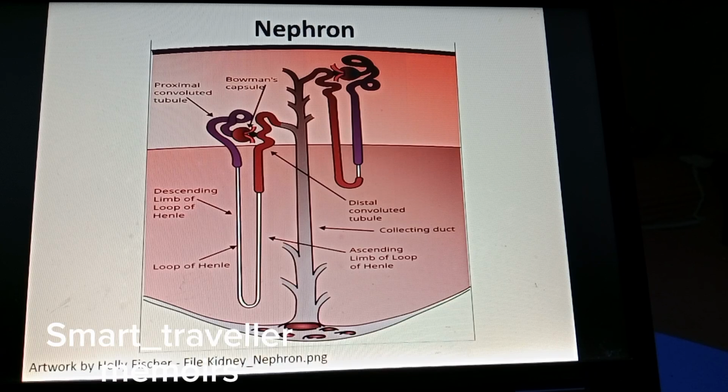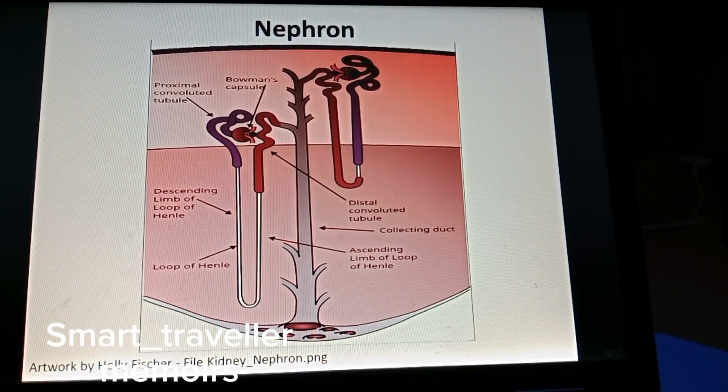So the nephron, again, here we have just labeled the parts. Proximal convoluted tubule, Bowman's capsule, descending loop of Henle, ascending loop of Henle, loop of Henle, which looks like the pin of the hair of a reindeer, and collecting duct, and distal convoluted tubule.